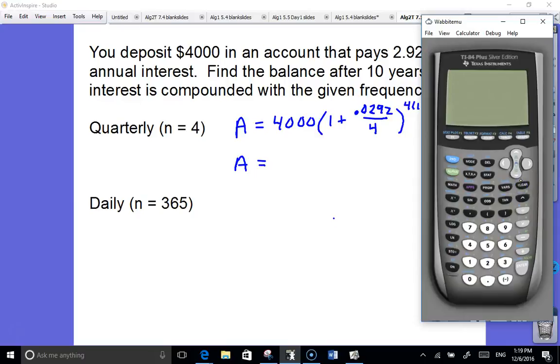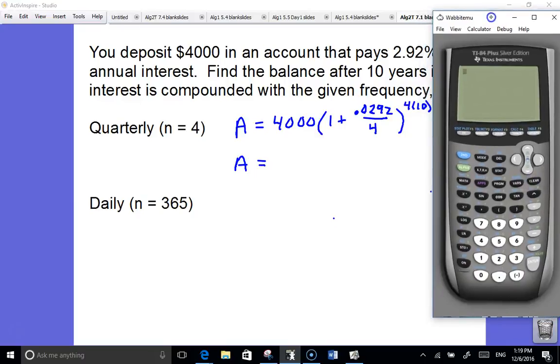Clear. 4,000, parentheses, 1 plus 0.0292, divided by 4, raised to the, and I'm going to do that in my head, 40.